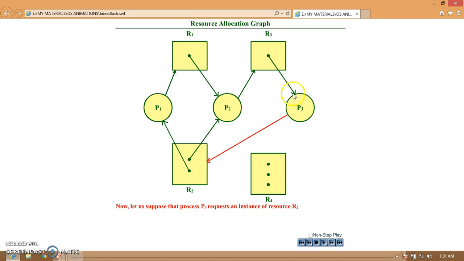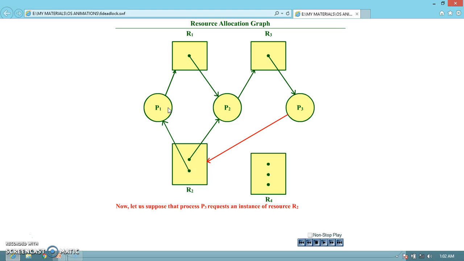And until process P3 is completed, resource R3 will not be released. Until resource R3 is released, it cannot be given to process P2. And process P2 cannot release resource R1. Until resource R1 is released, it cannot be given to process P1.